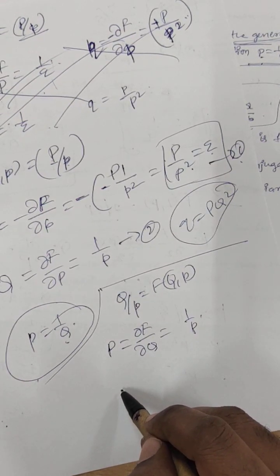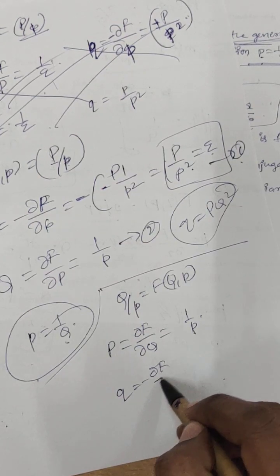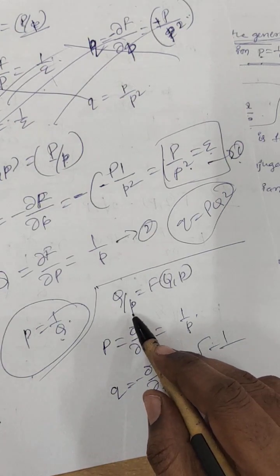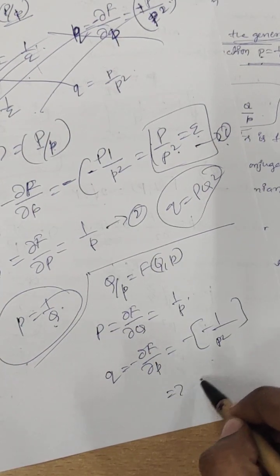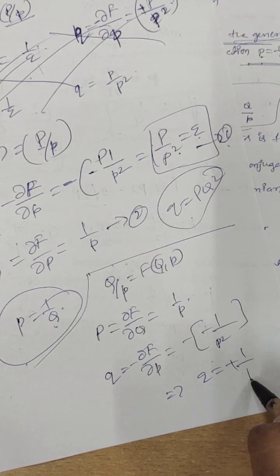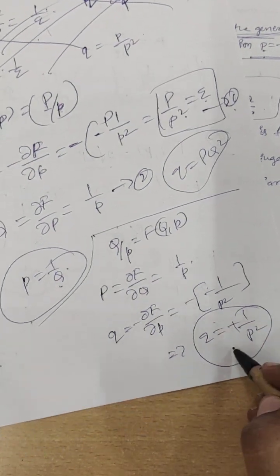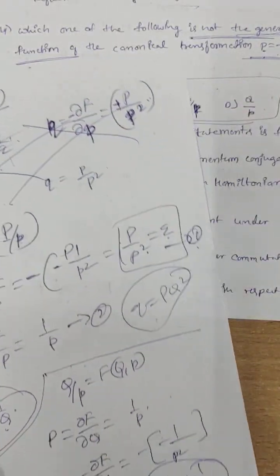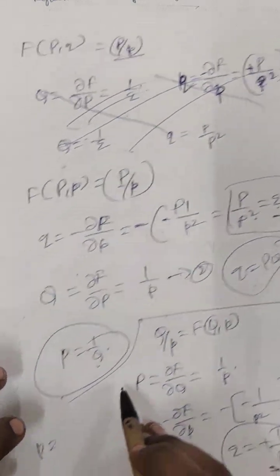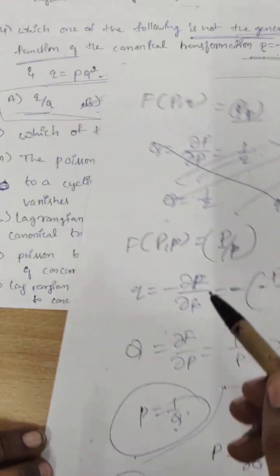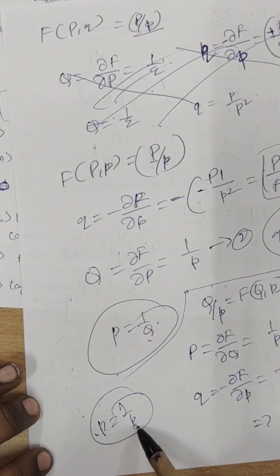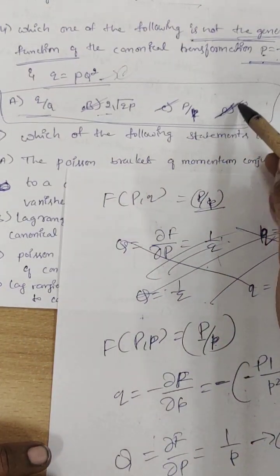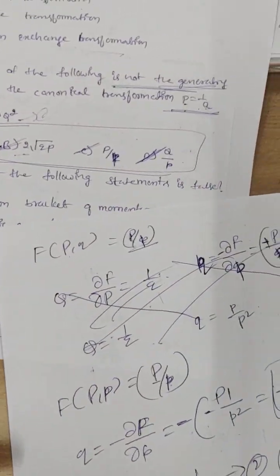And small q is equal to minus dou f by dou small p, which is equal to minus into minus of 1 by p square, so q is equal to plus 1 by p square. Q is equal to plus 1 by p square is also not there in the question, and also capital P is equal to minus 1 by p is also not there in the question, but capital P is equal to, we have 1 by q, so option D is correct. That means option D is not a generating function.